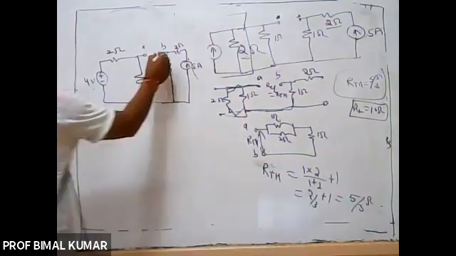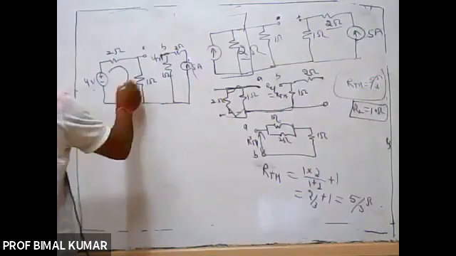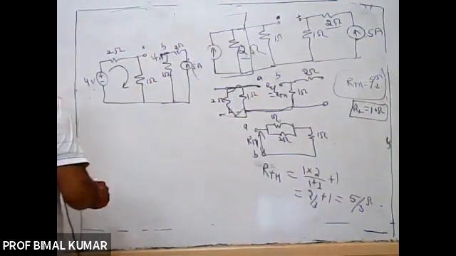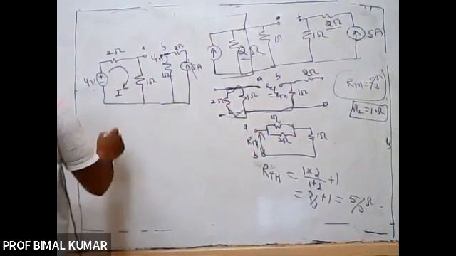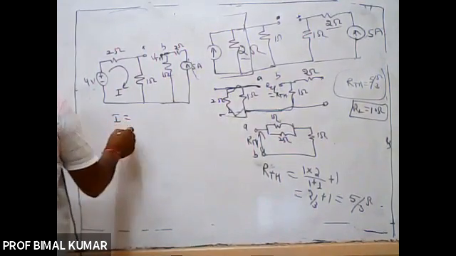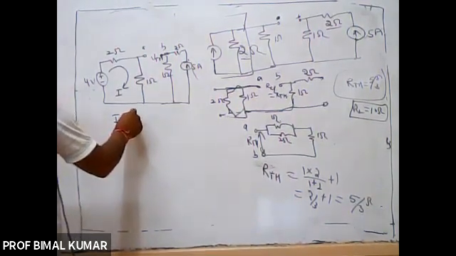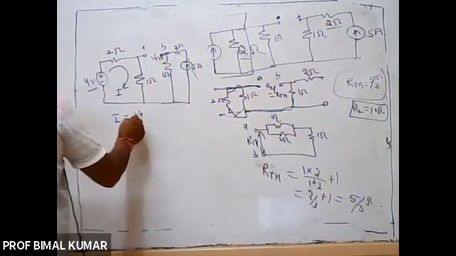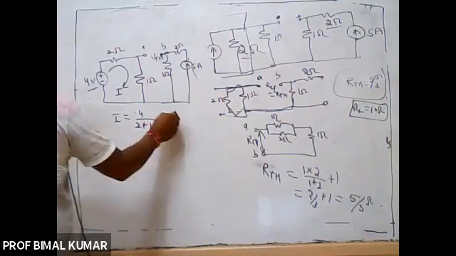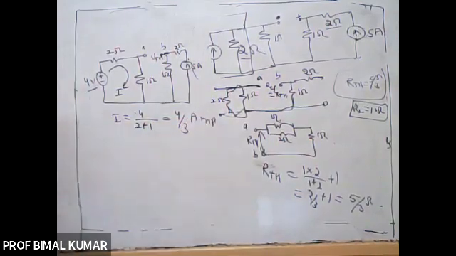So here, this is a closed loop. In this closed loop, current I is flowing. So current I is equal to V by R, 4 upon 2 plus 1. That will be 4 by 3 ampere, right?